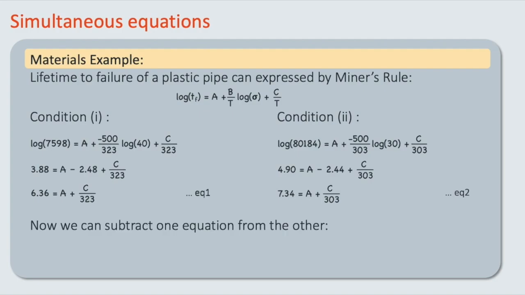Now we can subtract one equation from the other. For example, equation 2 take away equation 1. This gives us 7.34 take away 6.36, which is equal to A take away A plus C divided by 303 take away C divided by 323.